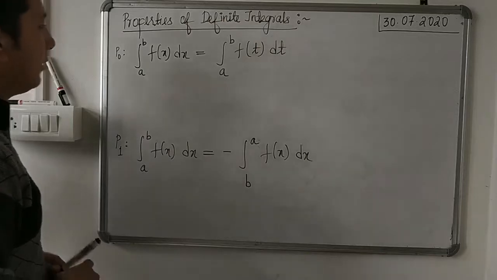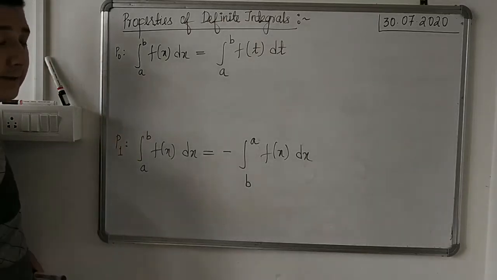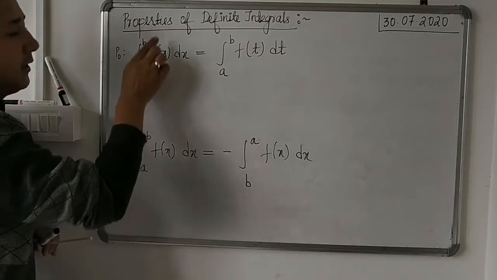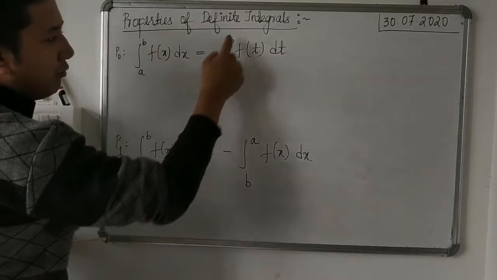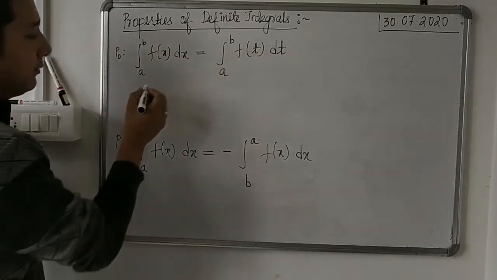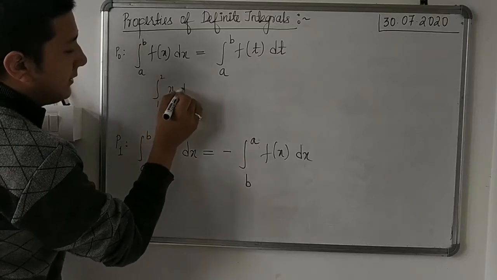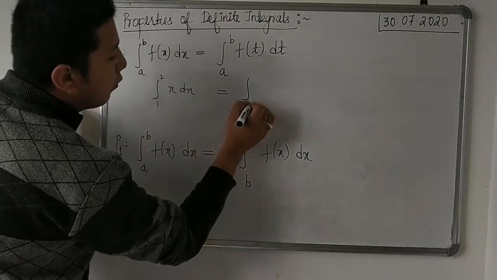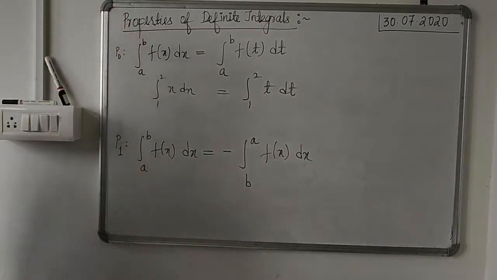Just an example I am going to give you. Let us go once again. Integration a to b f(x) dx. This f(x) is a function and we are integrating from a to b. It is the same as a to b f(t) dt. For example, if you find the value for 1 to 2 x dx and if you find the value for 1 to 2 t dt, the values will always be the same, isn't it?